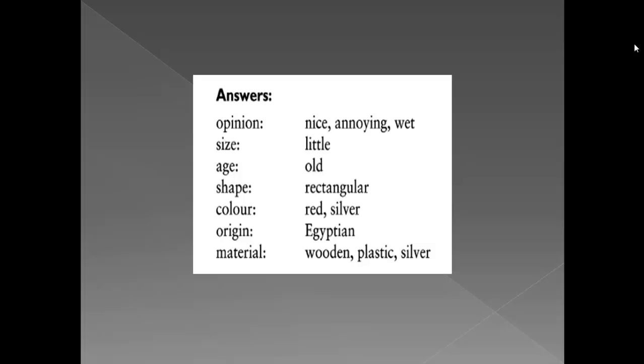Color, red, silver, green, blue, golden, etc. Origin, we can say Egyptian, Syrian, Palestinian, American, French, and so on. And finally we put the material, wooden, plastic, silver, etc.